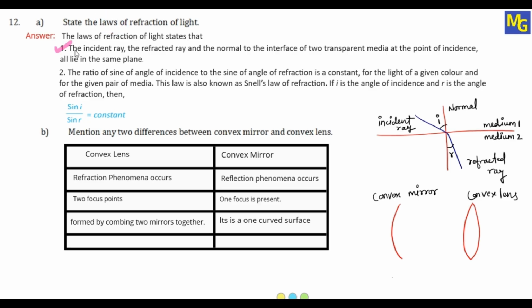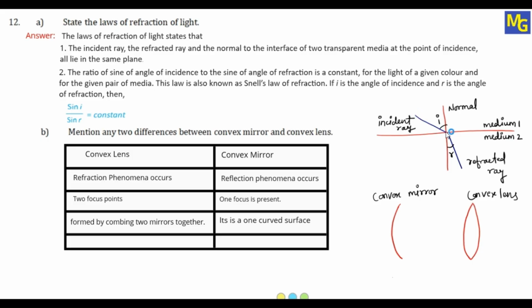So number one, we will start. The incident ray, the refracted ray, and the normal to the interface of two transparent media at the point of incidence all lie in the same plane. So you can see this diagram here. So this is medium 1, this is medium 2, and this is normal. So if this is the incident ray, means what? The light ray which falls on the interface of the media.